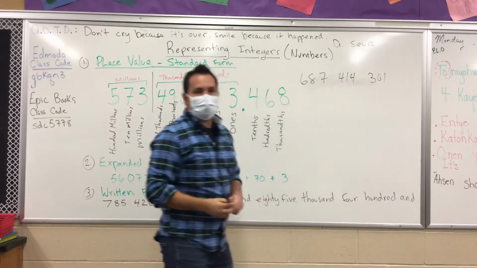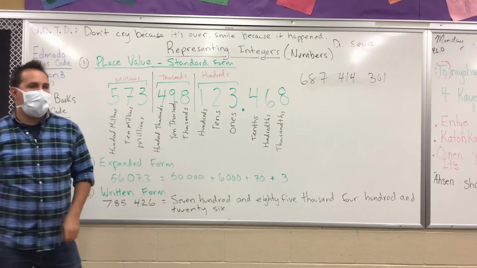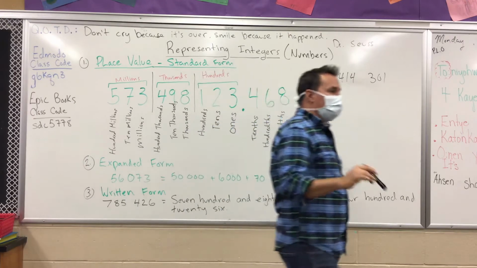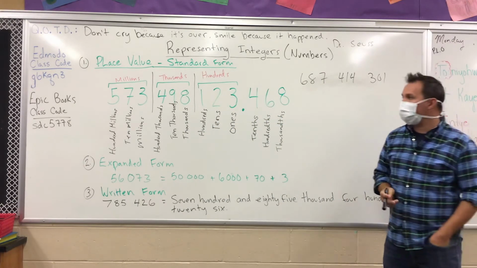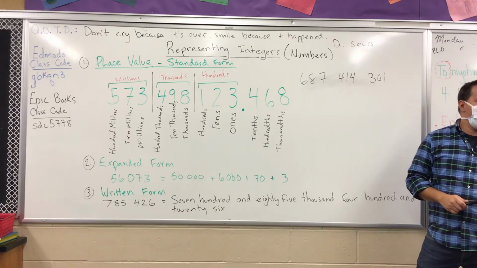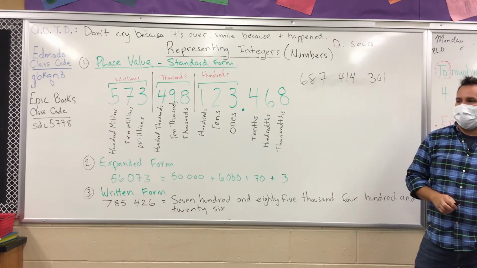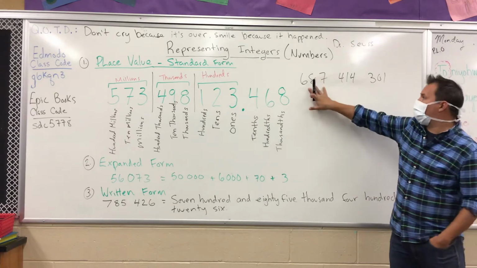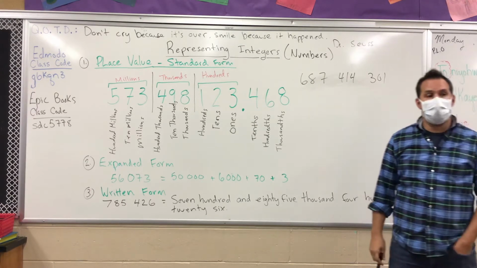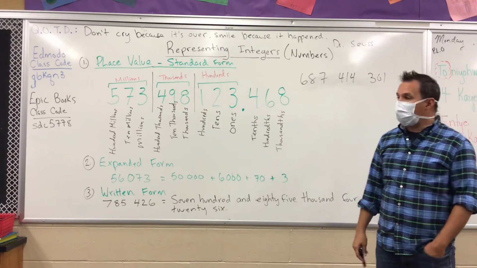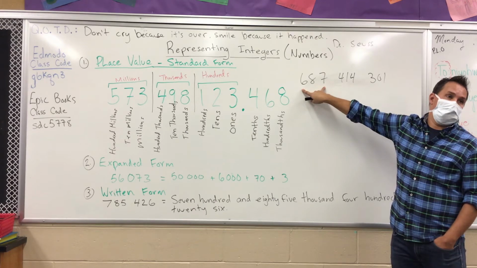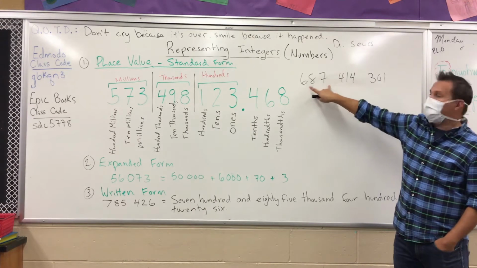How would we read this number? Someone other than Georgia and Jess. How would we go about reading this number? Think about our houses, right? And it's just a whole number, so there's no decimals. So if we go through and we look at our houses, what house is this? This is our millions, right?